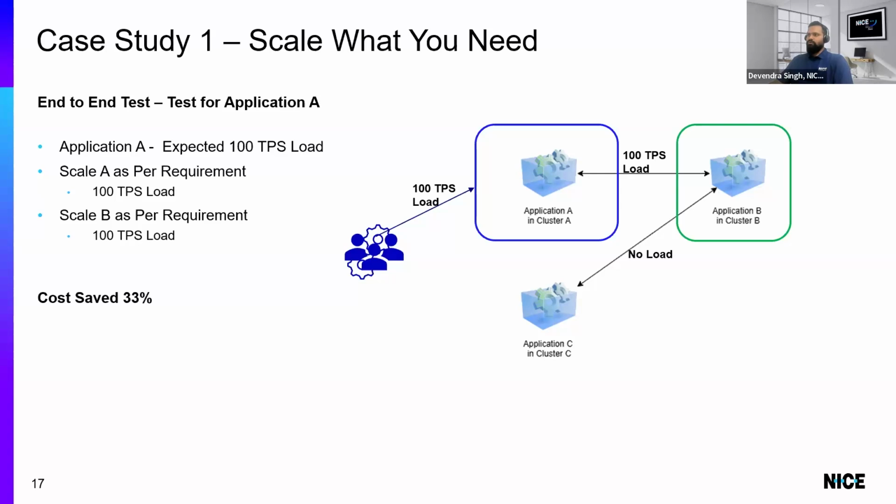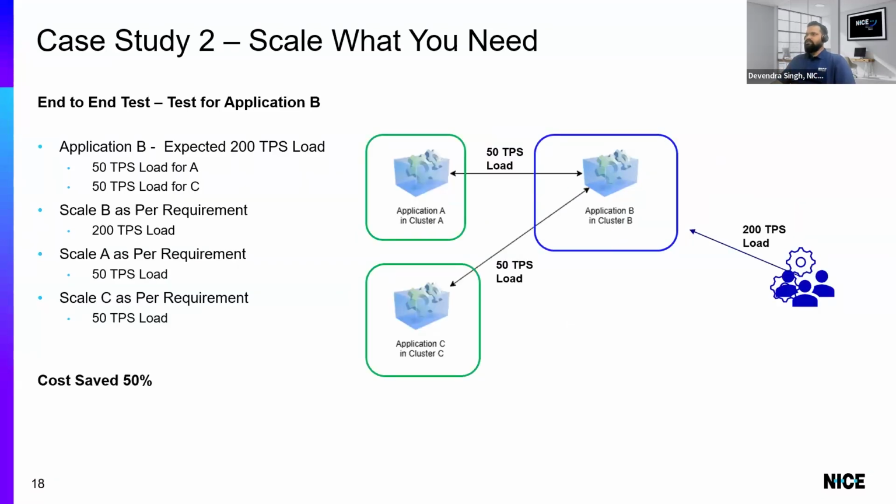So it will only be A and B that we have scaled. We have not scaled C. But if we had not made this informed decision, we would have scaled everything and incurred 33% more cost in this case. So this shows that aligning resources precisely with the expected workload can lead to substantial cost reductions. Let's see another example.